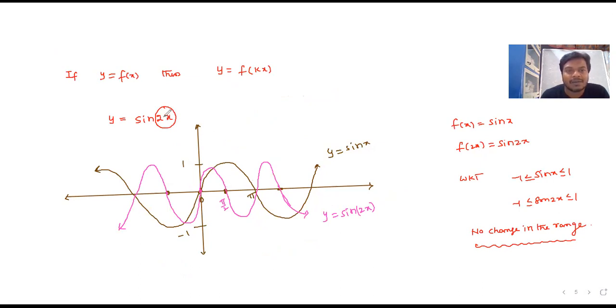Okay, so when the multiple is between 0 and 1, it stretches. When you have 2, that means more than 1, then the graph compresses. Okay, when you have positive 2, 3, 4 like that as multiples, then the graph compresses. Okay, when you have 1 by 2, 1 by 3, 1 by 4, then the graph stretches. That you have to remember.